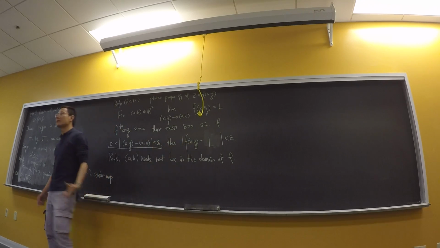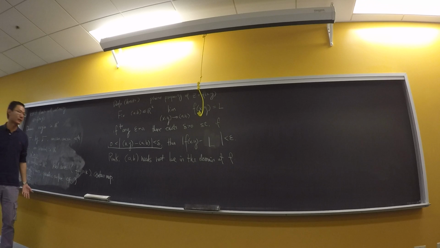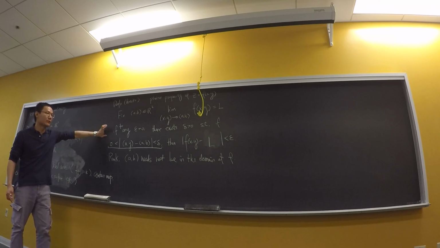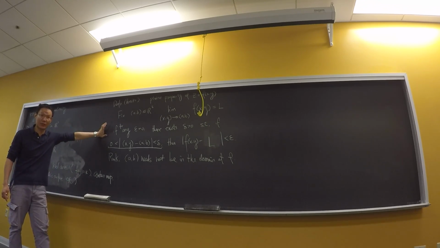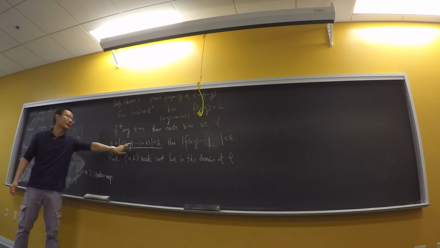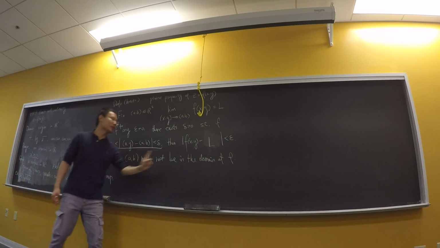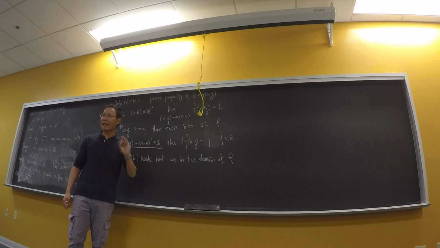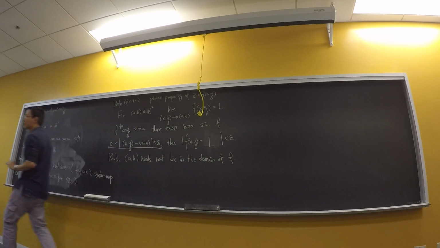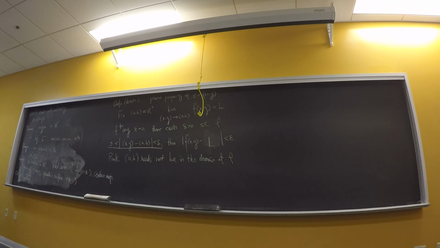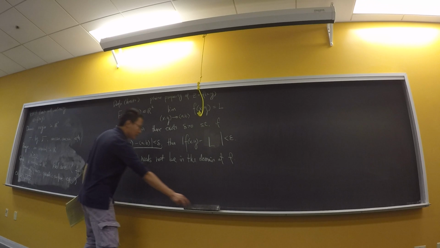So in the domain, essentially says you can evaluate. But throughout the definition of the limit, I never did the evaluation for the function at AB. What I did is the evaluation at the neighboring points. So I don't need to require this point to be in the domain of the function. Okay? That's the big difference between limits and continuity.